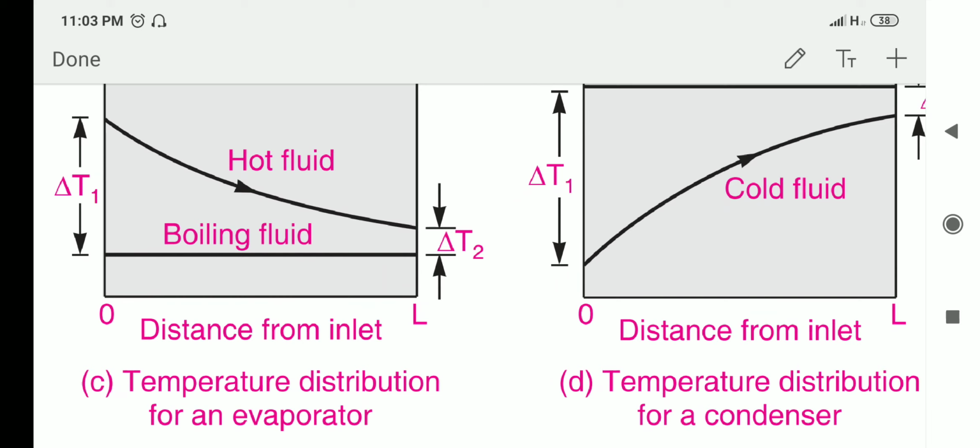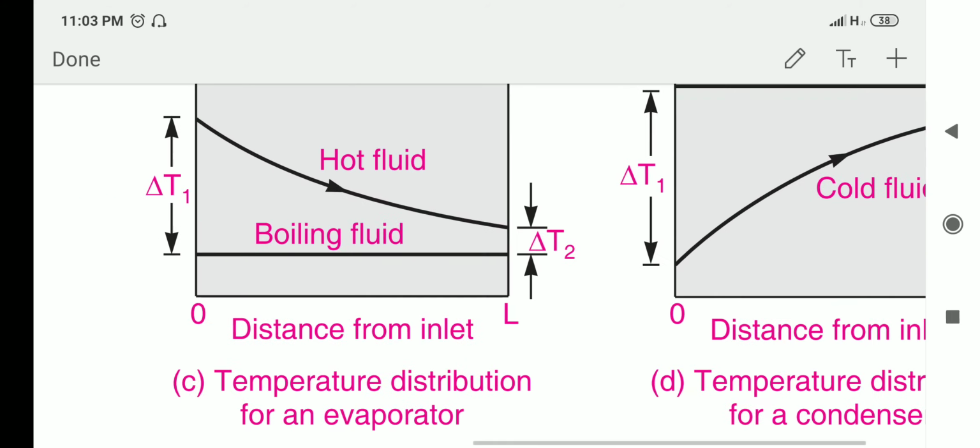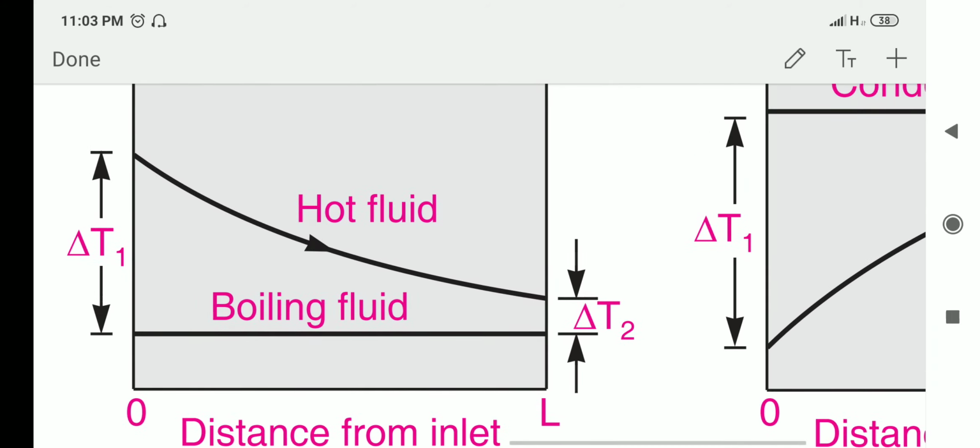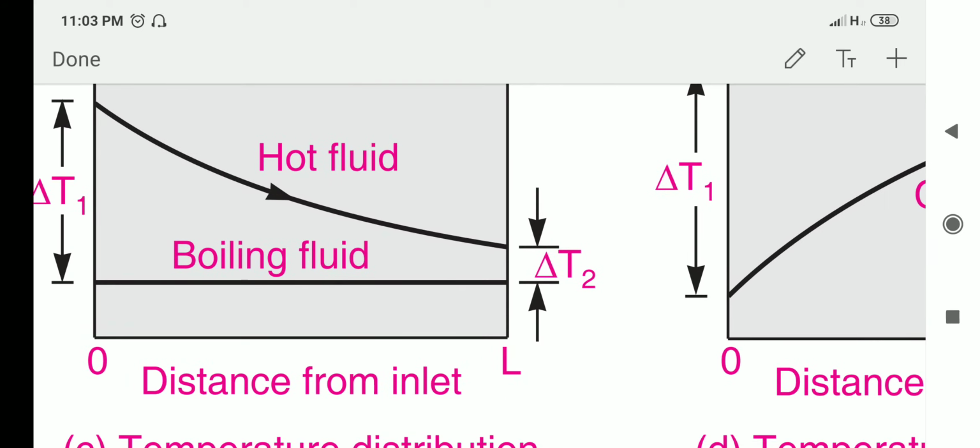For example, water evaporates if it is boiling at 100 degrees Celsius. It doesn't increase its temperature, but it doesn't mean that it doesn't accept heat. So here water is the cold fluid which accepts heat. So likewise we have the evaporator in which the hot fluid loses its temperature and the cold fluid gains heat only without any temperature change.